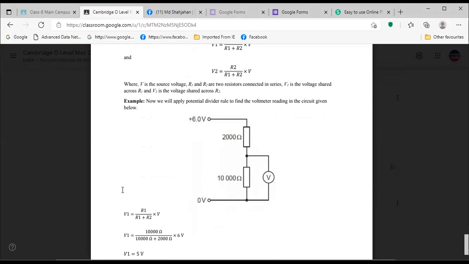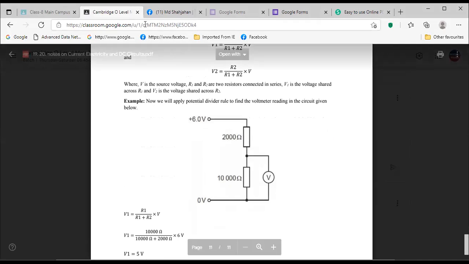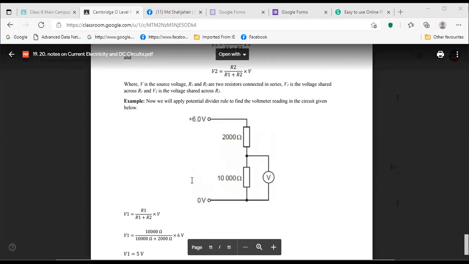So we are considering R1 as 10,000 ohm. This one is R1 and this one is R2. So in your drawing you label this one also. R1 is 10,000 ohm and R2 is 2000 ohm. And here the voltmeter reading will be V1.